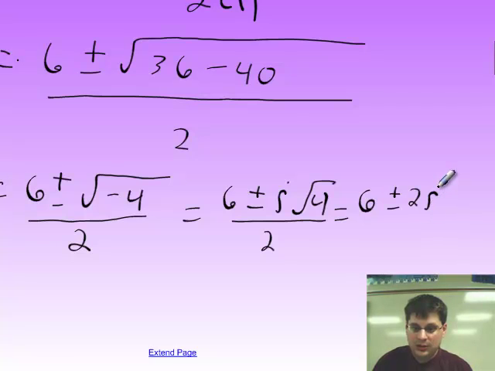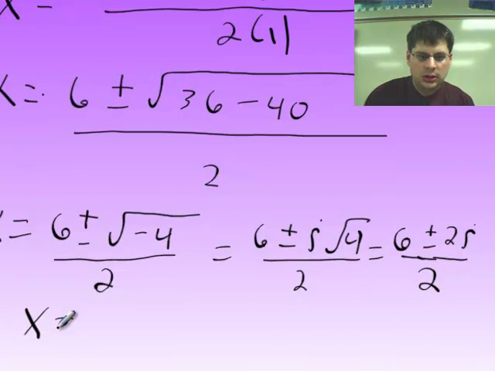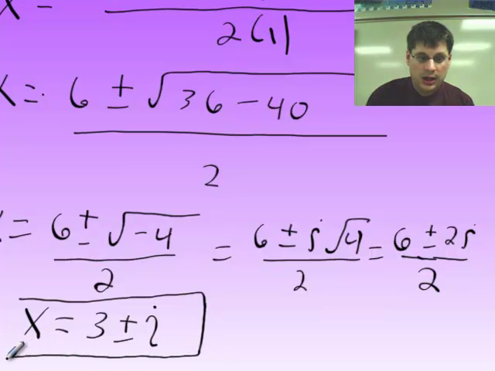We put the i behind the 2, divided by 2. x equals, and then 2 goes into 6 3 times, and 2 goes into 2 1 time, so 3 plus or minus i. So we have two imaginary solutions, 3 plus i and 3 minus i.